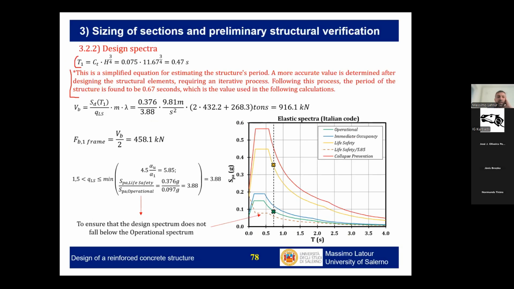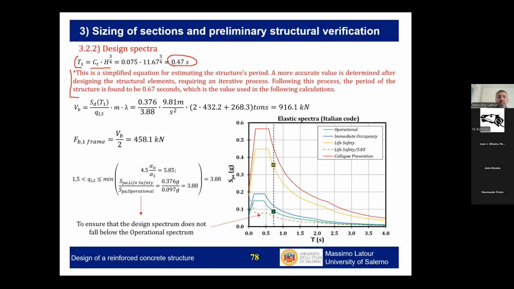Let's say that the period is initially estimated with an approximate formula, the one given in the current version of Eurocode 8. Probably this will not appear in the new version of Eurocode 8. This is a very simplistic formula because it is based just on the height of the building and the typology. It does not even distinguish between the typology of framing or if there are walls and so on.